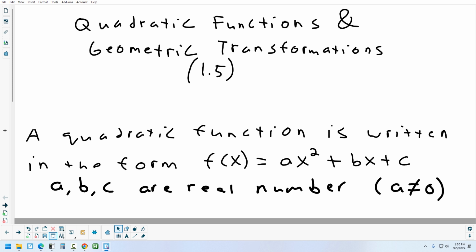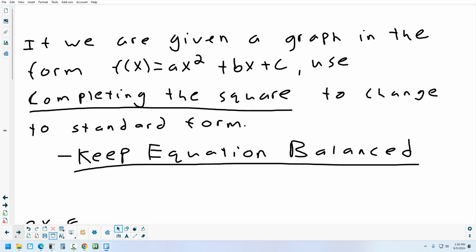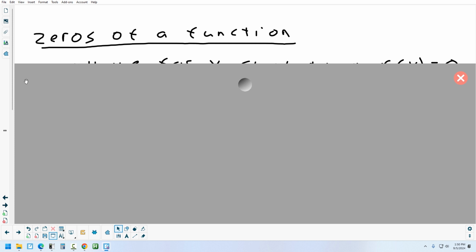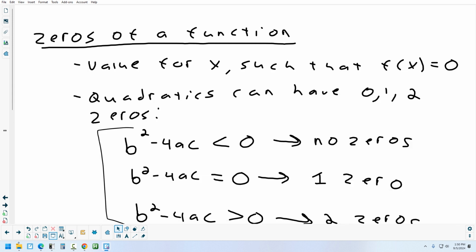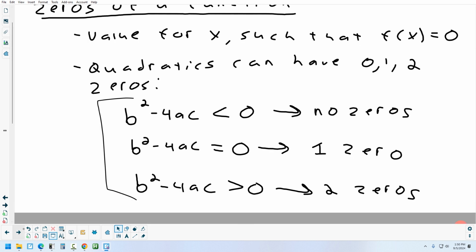A is in front of x squared, b in front of x, c is at the end. If you want to quickly figure out how many times your graph crosses the x-axis, and remember we said it could be 0 times, 1 time, or 2 times, you can figure out how many times it crosses very quickly by doing this calculation. B squared minus 4ac.